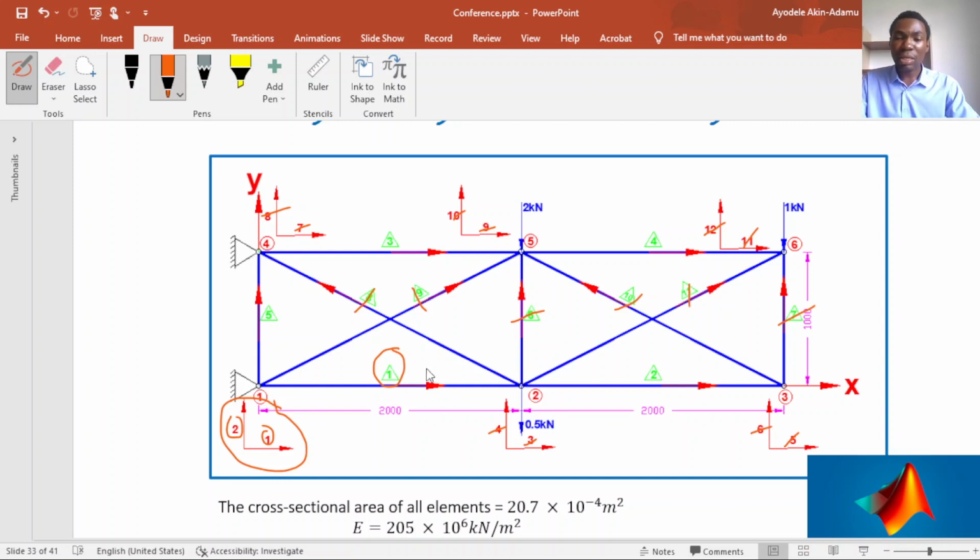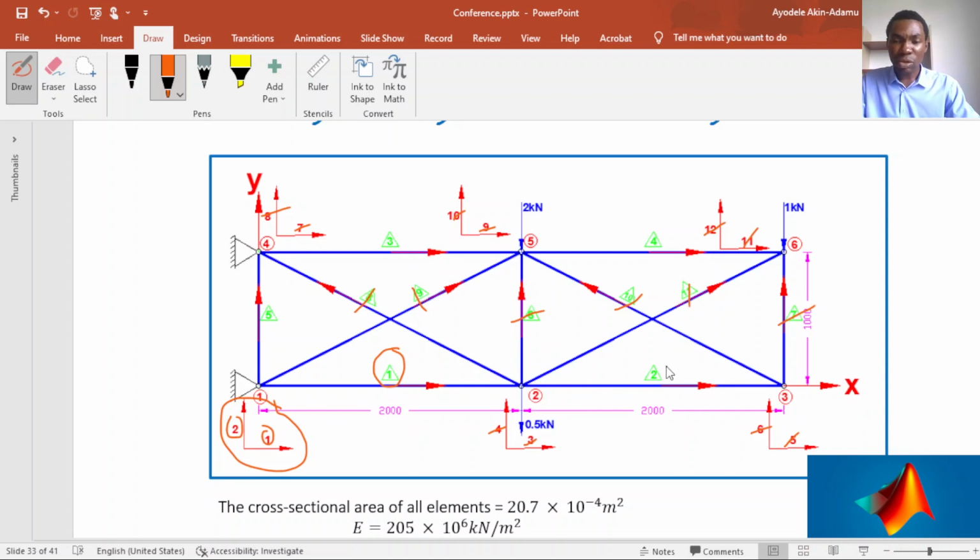The definition of this direction of elements is very important when solving truss problems using the finite element procedure. The direction is your choice, but for me, in this problem, I'm assuming this direction. For element 2, I'm also assuming the arrowhead pointing from node 2 to node 3.